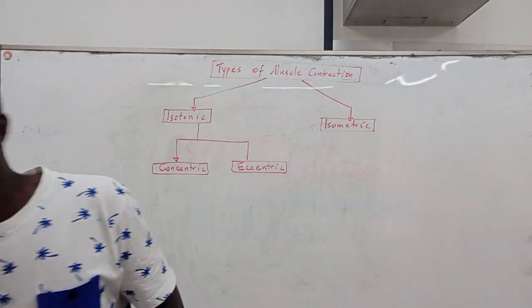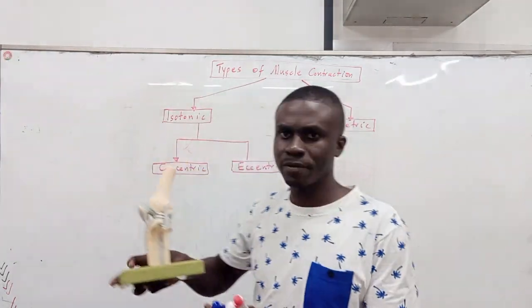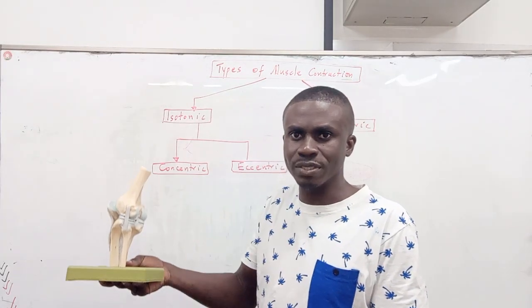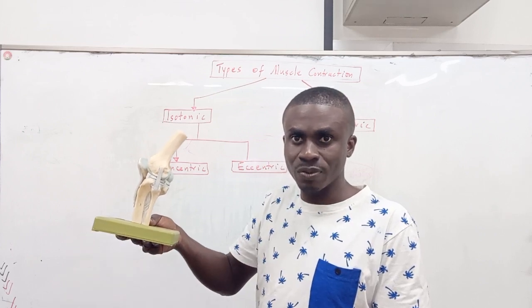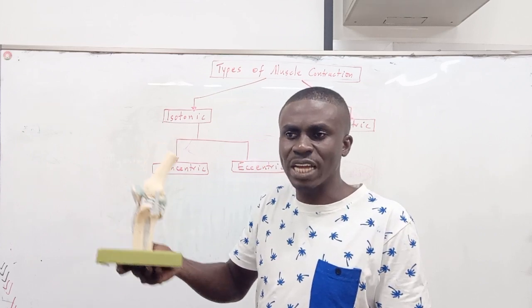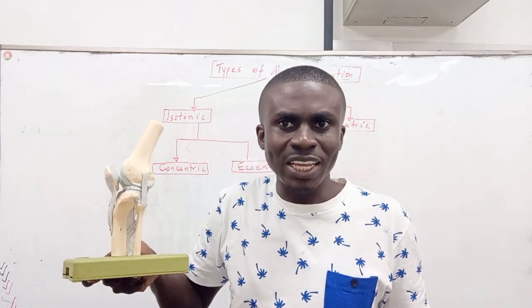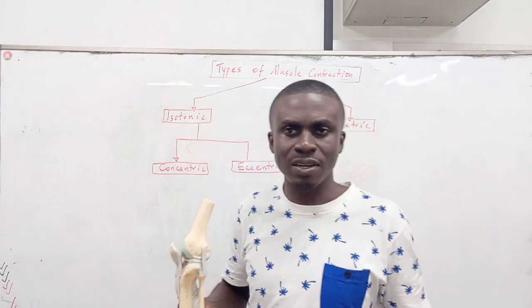Now, assuming there's a load in my hand, and I want to raise this load, what do we see? I'm not using maximum force, because this load is way lower compared to the effort I can apply.